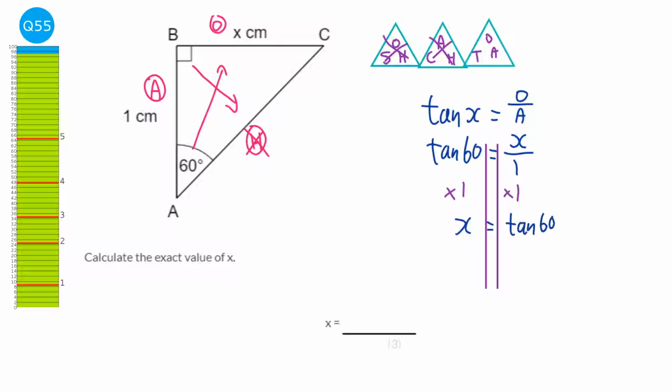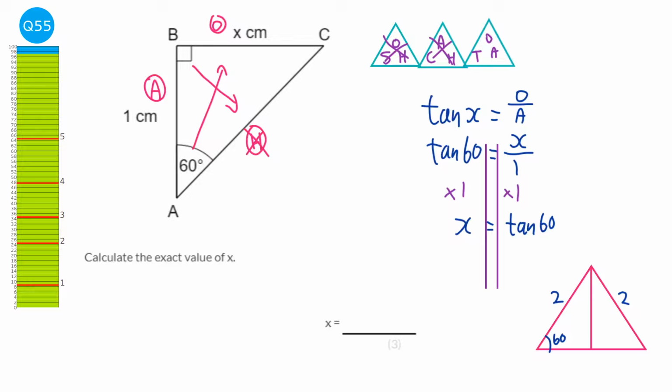Now you need to know off by heart what tan 60 is, and we can work it out just briefly by drawing a triangle. Sorry, not a right angle triangle, an equilateral triangle. So that is going to be 60 by 60 by 60. And we're going to put all the lengths around the outside as 2. And what I'm going to do is cut it down the middle, just cut it into half.